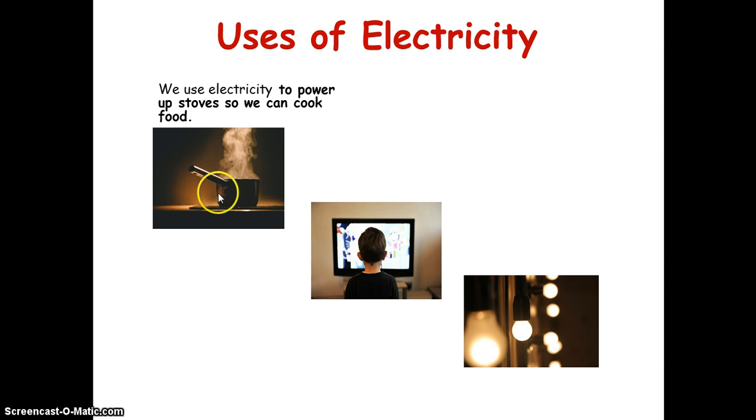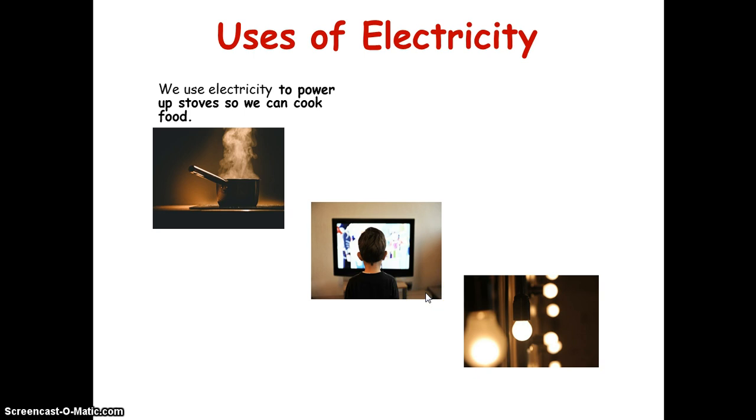In this picture you can see a pot on a stove. We are able to cook because there is heat energy that comes from the stove, and that heat is made possible by electricity.